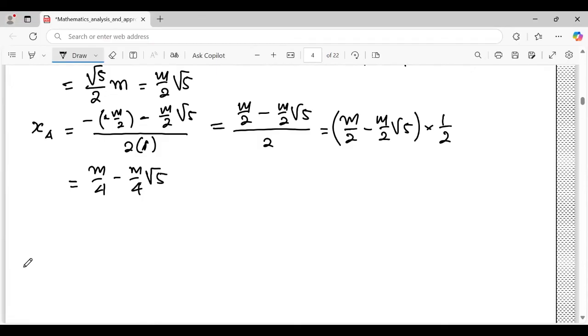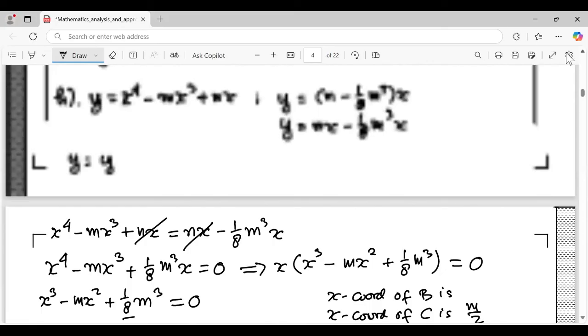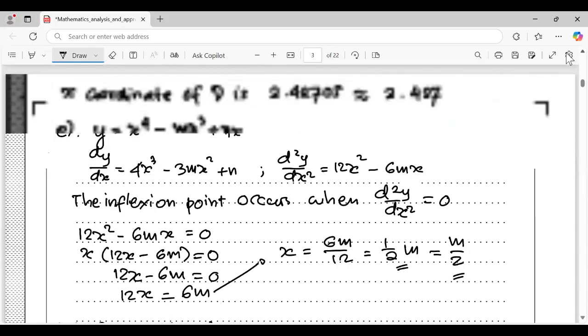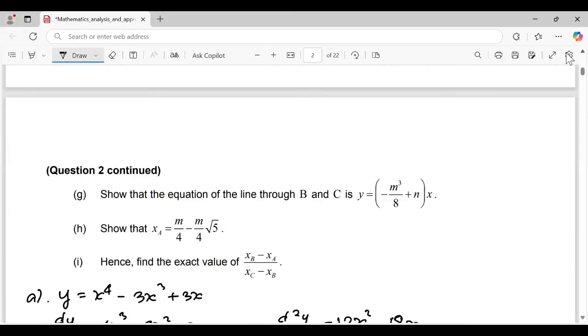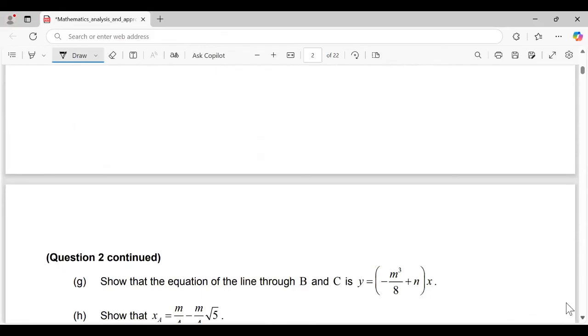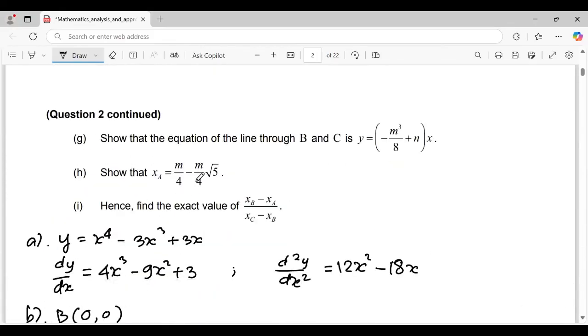Yeah, this is xa. Let me look at the question. Same. So xa equals m over 4 minus m over 4 square root 5.